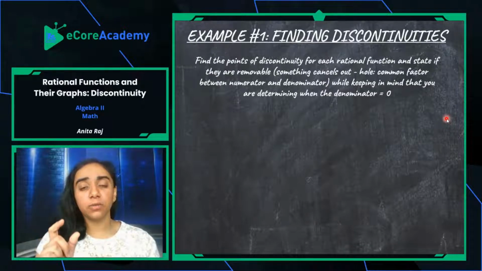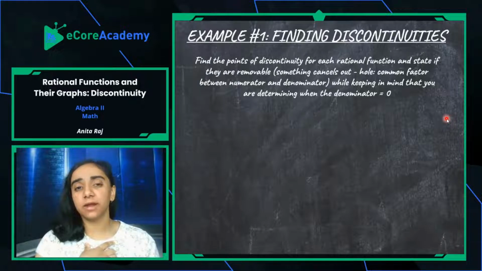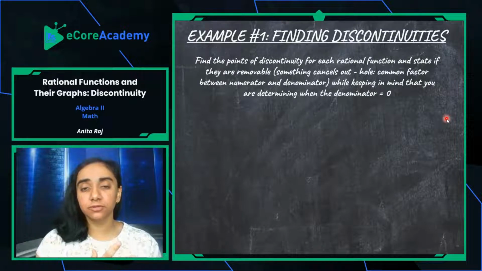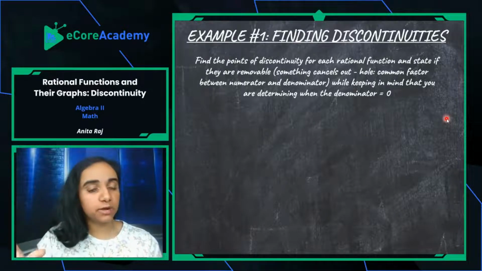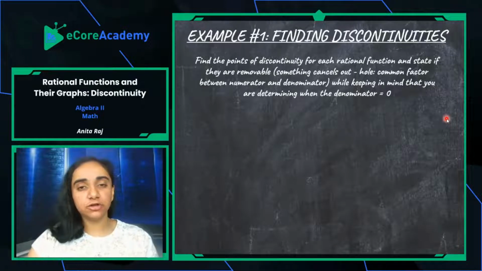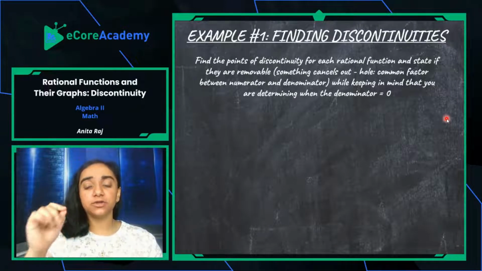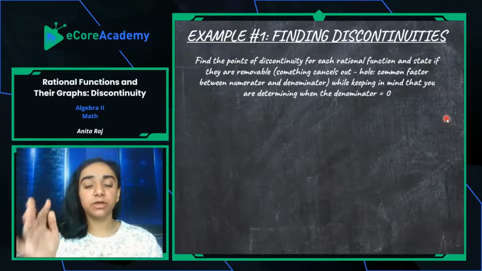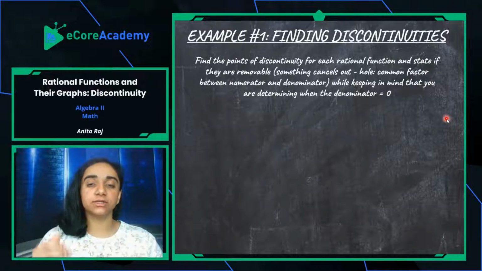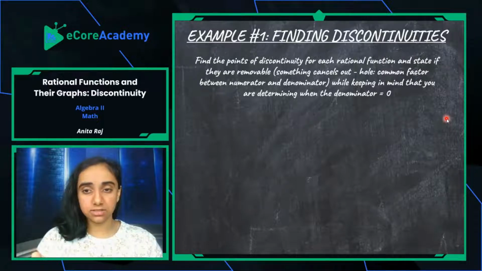Remember how I talked about how that was also referred to as a removable discontinuity. Point discontinuities can have their functions redefined or rewritten. You'll learn more about that in calculus, but they can have their functions rewritten so that there's a point added to the function to make the function continuous. So that's why, when we have a hole in a function, we consider that a removable discontinuity.